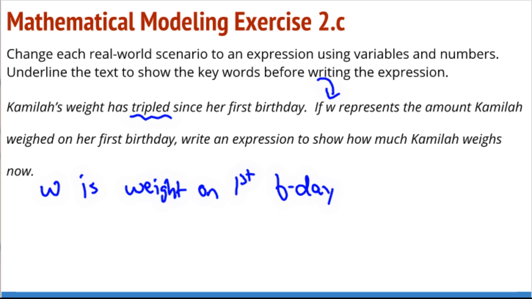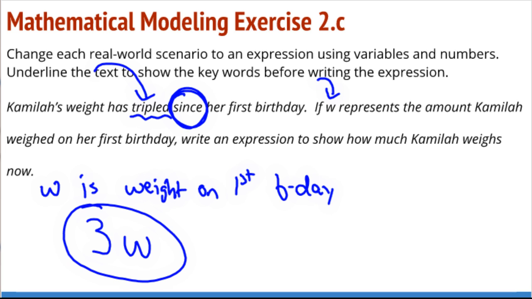And we are going to write an expression to show how much Camilla weighs now. Since her first birthday. So I have her first birthday, and she weighed this much. And since that time, a tripling has occurred. So her weight is triple what it was on her first birthday.